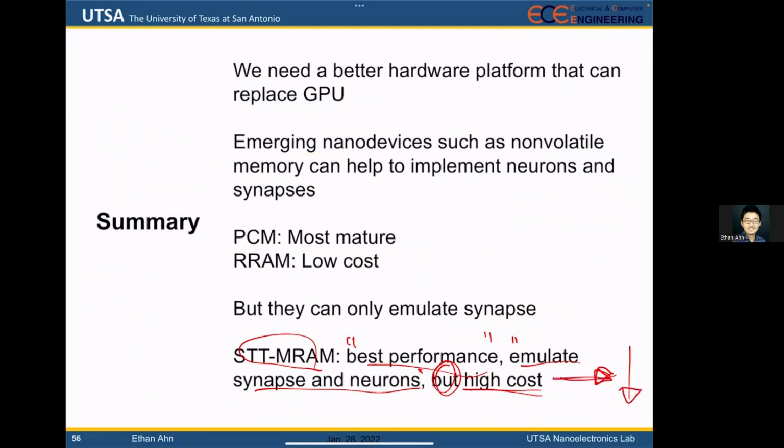Sometimes they say the high cost is not a problem anymore for STT-MRAM. We were able to reduce the manufacturing cost significantly by applying some other techniques and know-how that they developed. But certainly compared to other technologies, I believe this is still the downside of STT-MRAM.